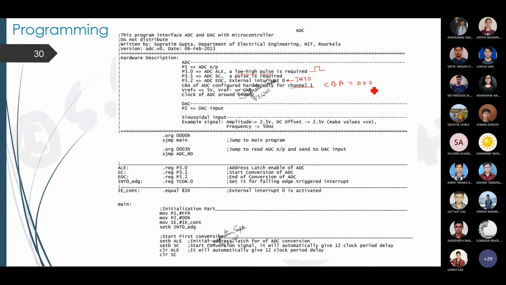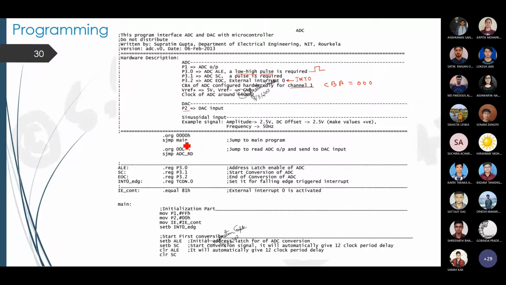And then V reference is 5 volt, V reference minus is ground. The clock of the ADC is around 640 kilohertz. And then the input of the DAC is connected to P2. For demonstration purposes, we can use an example signal of amplitude 2.5 volt with a DC offset of 2.5 volt, which makes the values positive, and the frequency can be anything. We have used 50 hertz.